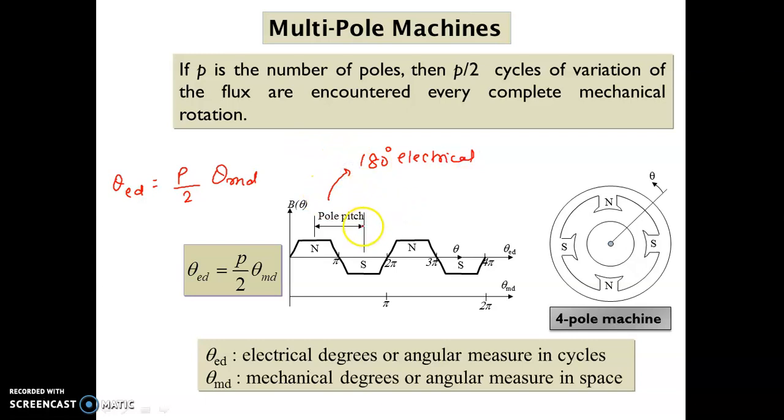So this is a very simple definition about the pole pitch and the relation between electrical and mechanical, which I have already discussed. This is also very easily available in any book, whatever book you want to follow. Like I have told you, 3 books you have to follow.